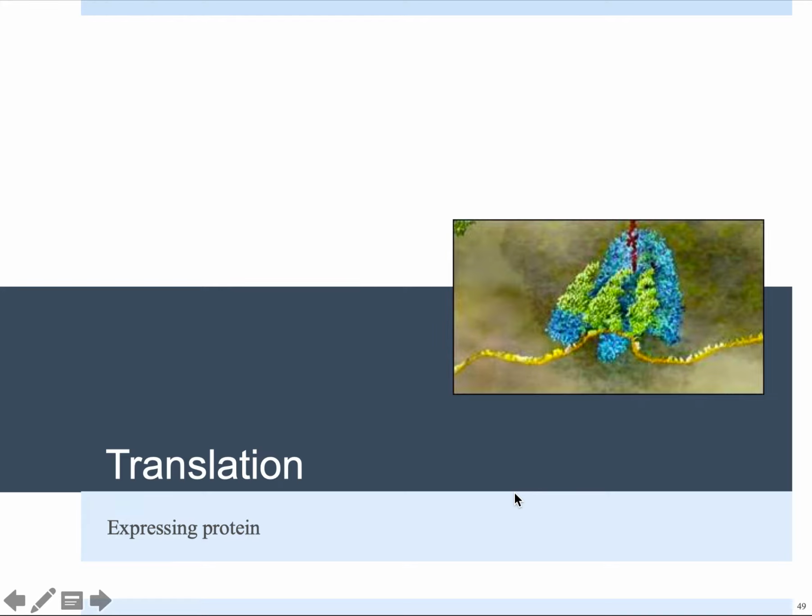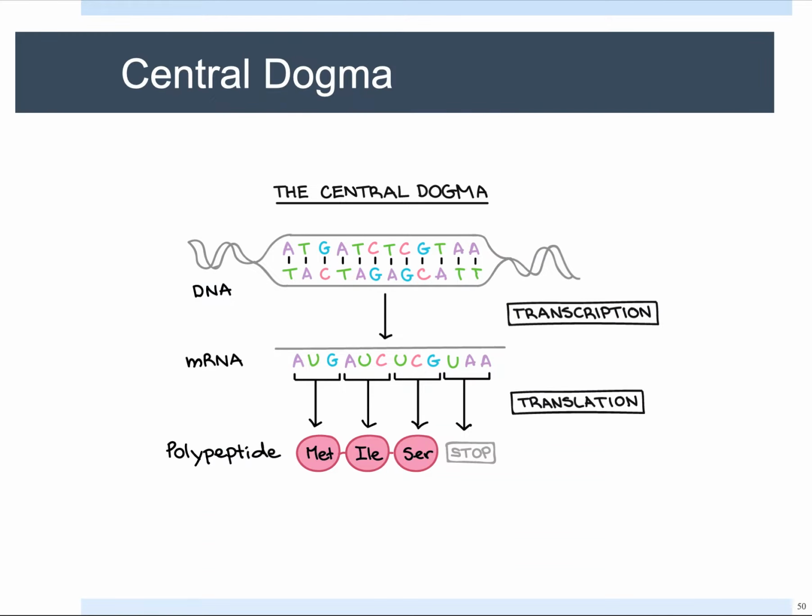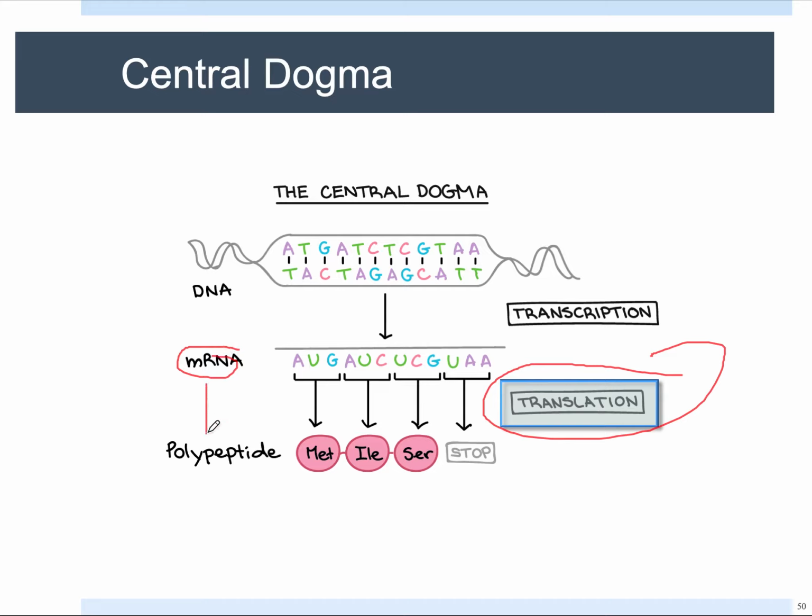Then there's translation from messenger RNA to protein. From messenger RNA to protein is known as translation. So you have your DNA, it's been transcribed into messenger RNA, and then from messenger RNA to protein or polypeptide, and that's translation.